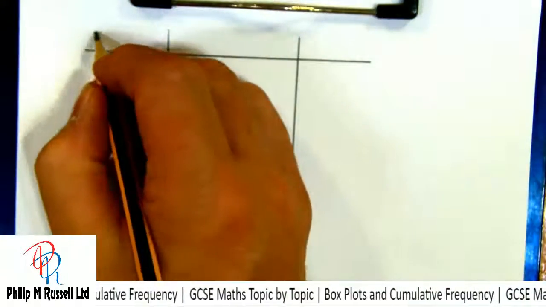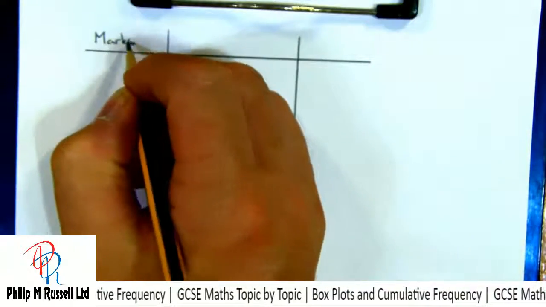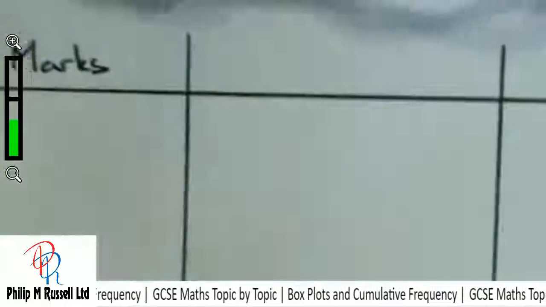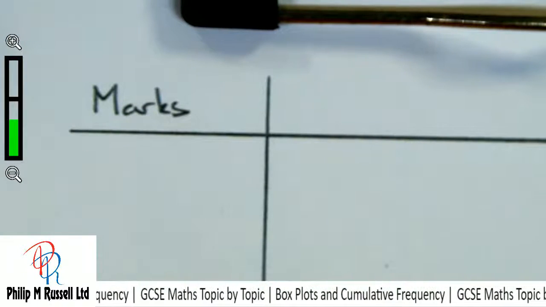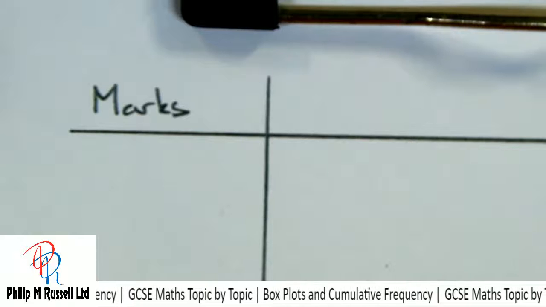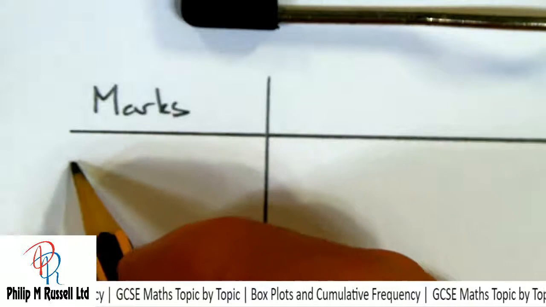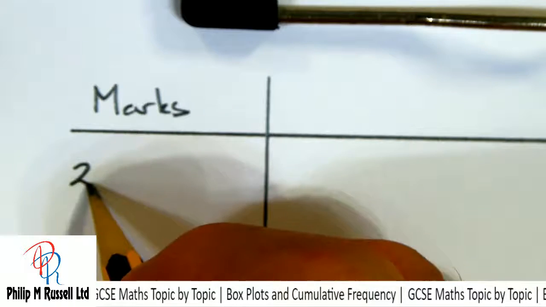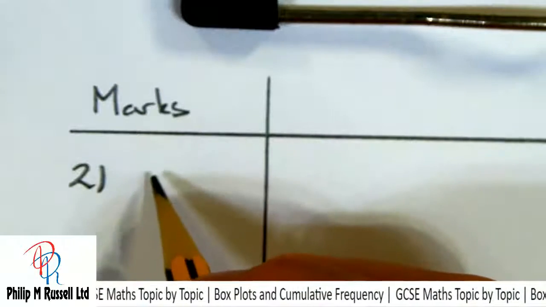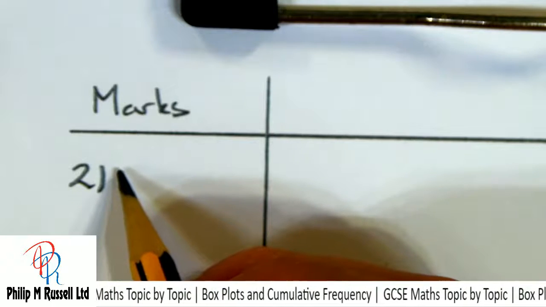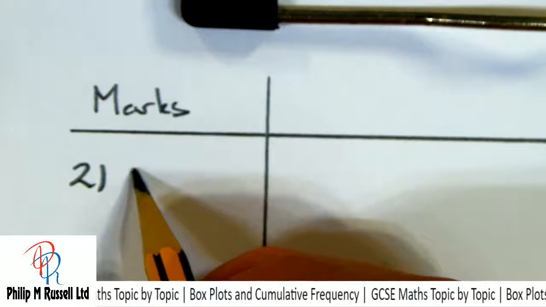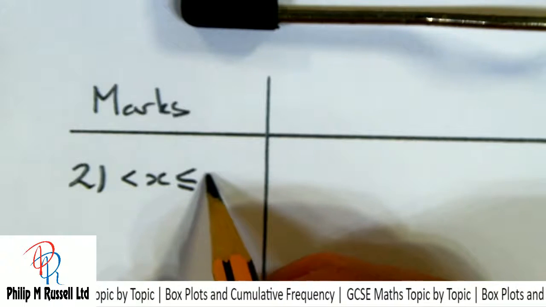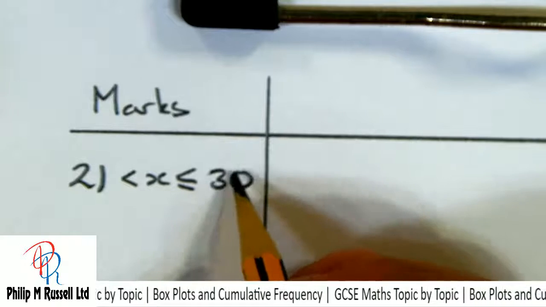So we're going to have my marks. Let's zoom in here a long way, because what my mark might be is I'm going to score my student between, let's say, 20 and 30, so that's going to be 20 less than X, less than or equal to 30.